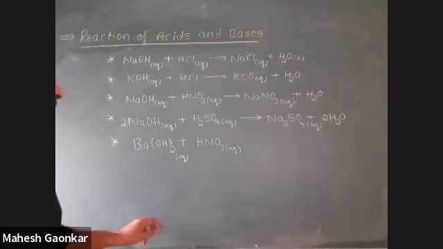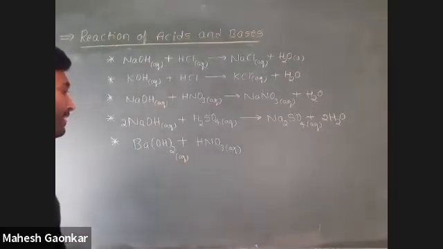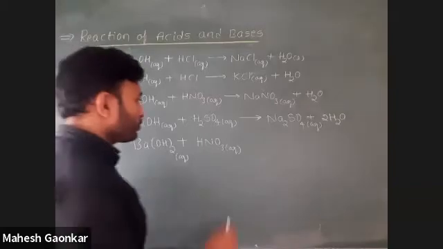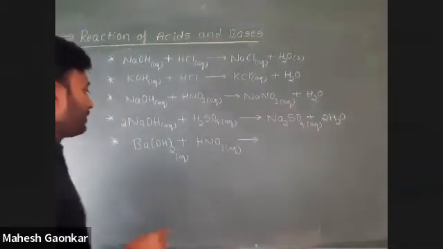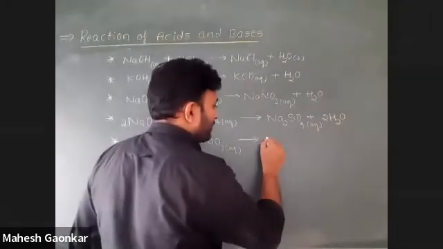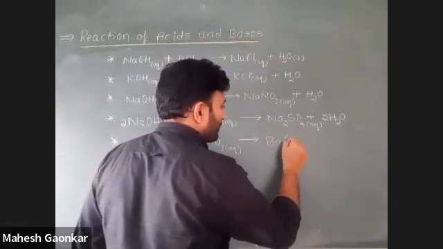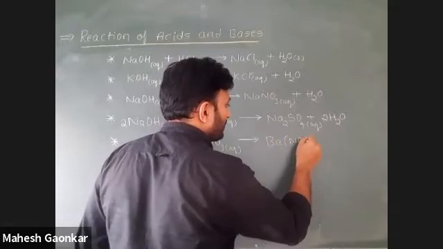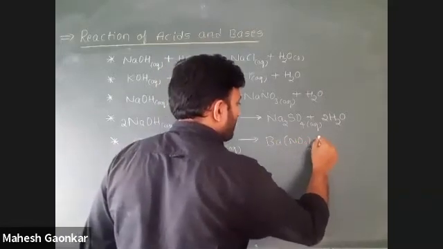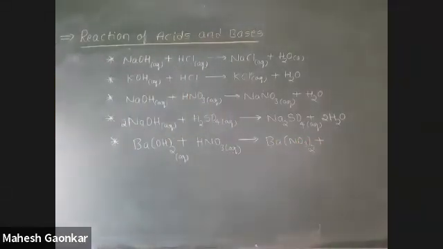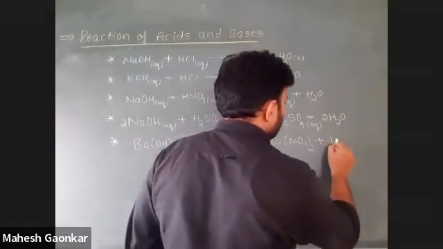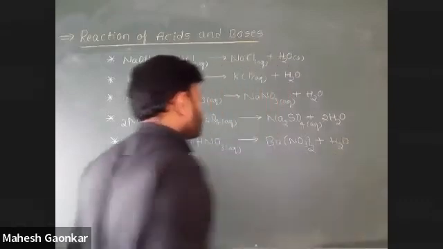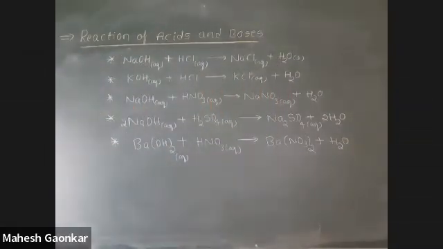Barium hydroxide plus HNO3 gives barium nitrate. Since there are 2 in barium hydroxide, it will be NO3 twice, plus H2O.